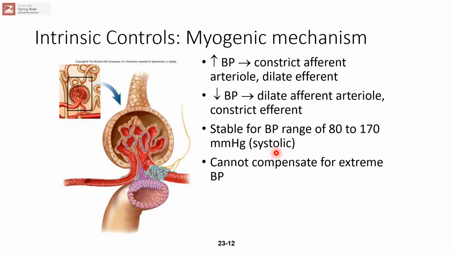Now, GFR needs to be kept relatively constant in order to maintain homeostasis. However, sometimes if there's a hemorrhage, it can cause a seriously low blood pressure in the glomerulus, right? So when there's a hemorrhage, there can be excessive loss of blood and it can cause a hypovolemic shock.